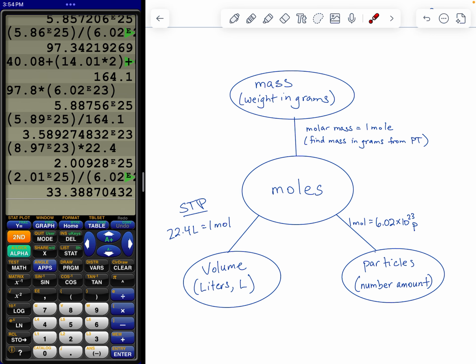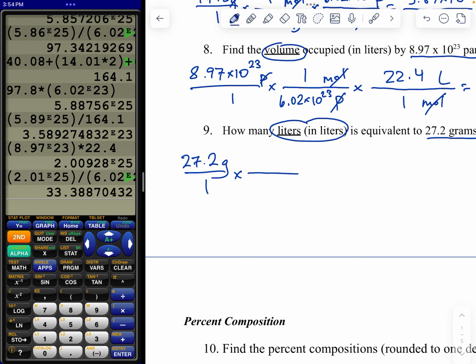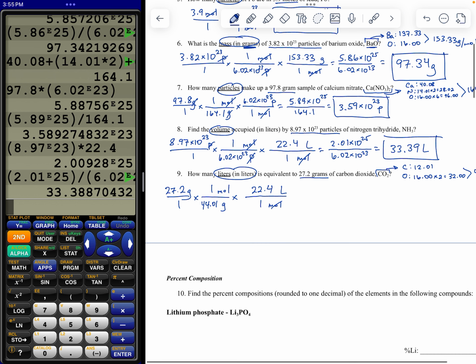We have to cross 2 bridges, which means we're going to need to use 2 conversion factors, which means we have 2 fractions extended on our problem here, right? 2 conversions, 2 fractions. And grams go away on the bottom to get to moles. Moles go away on the bottom to get to liters. 1 mole apiece. And, of course, our molar mass that we found to be 44.01 grams, 22.4 liters on top. And all units go away except for liters, which is what we want in the end.